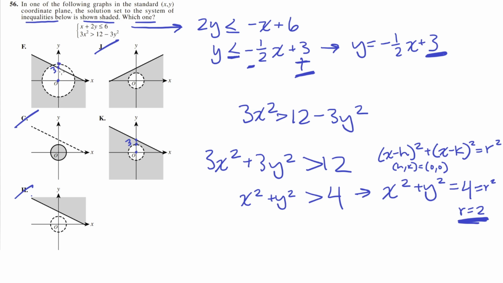But that's not possible, because we know from the equation that the radius is only 2 and that the y-intercept of the line is 3. So there's no way for the circle to reach above the line. So we can eliminate F. And we see in K that the circle is below the line on the y-axis here. So this represents the solution set properly. So K is the correct answer.